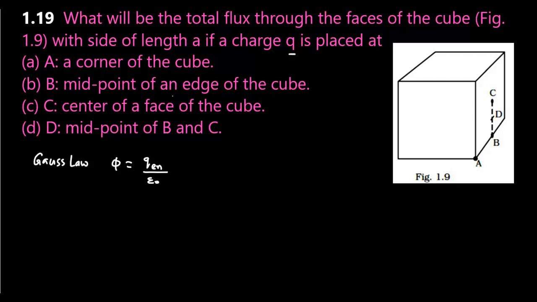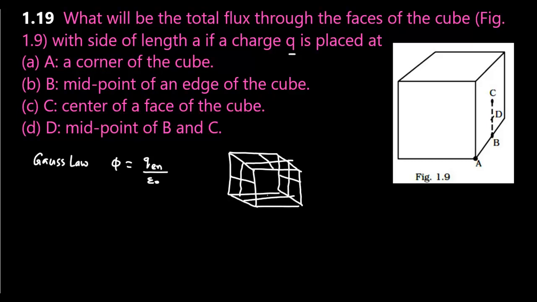So for the first part, when we place the charge at a corner of the cube, let's imagine a cube. This is the cube, and this given cube is part of this bigger cube.